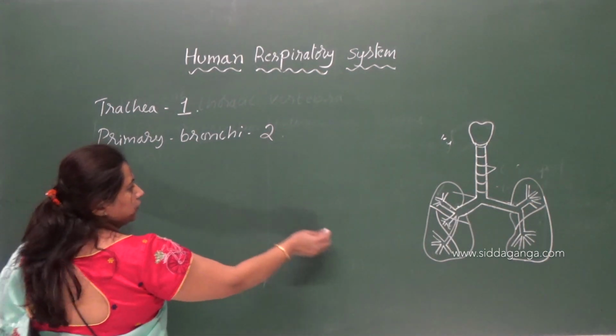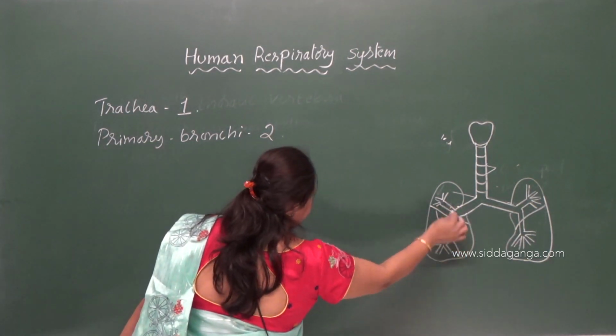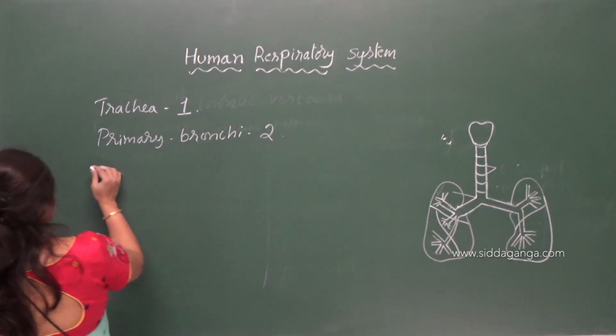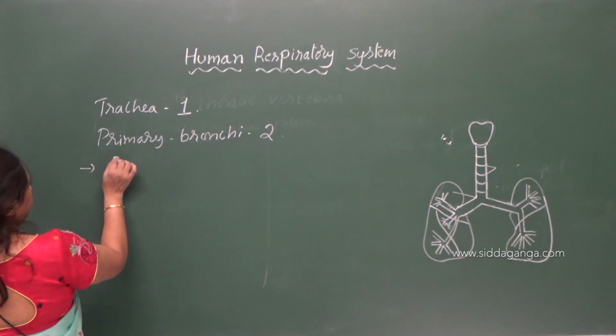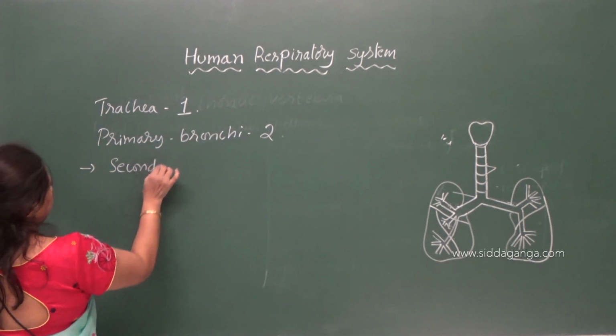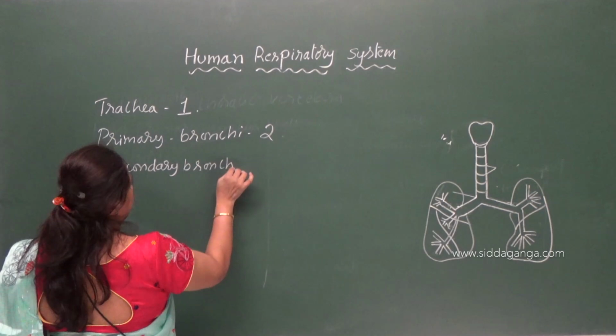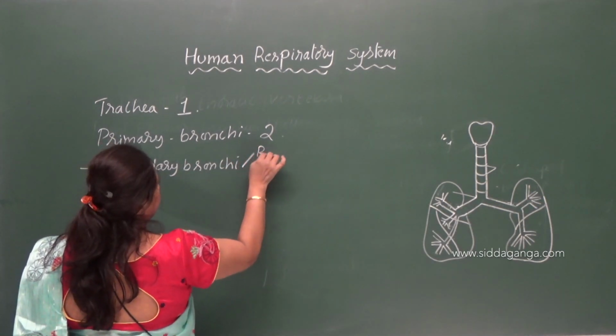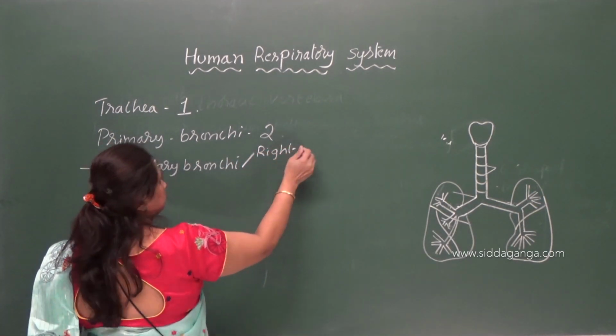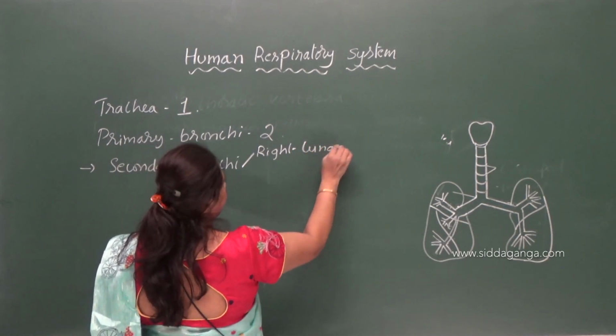The number of secondary bronchi in the right lung, how many? 3.